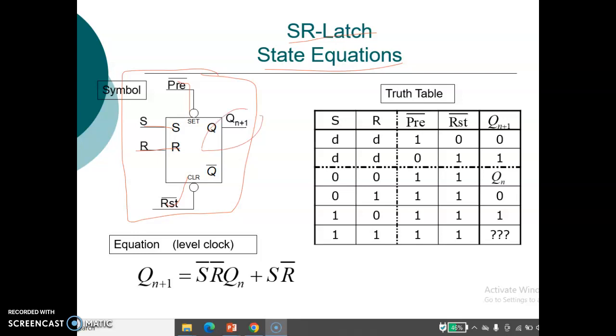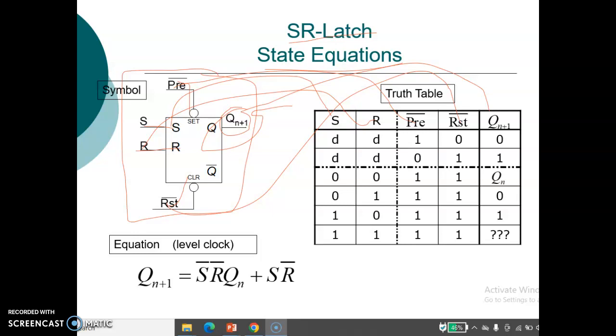This is the output. S value here we will produce, R value from here, preset from here, preset bar, reset bar, Qn plus 1.